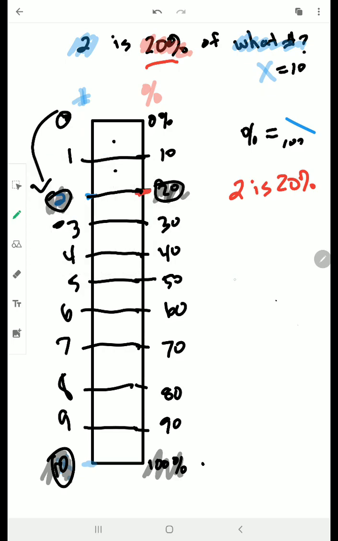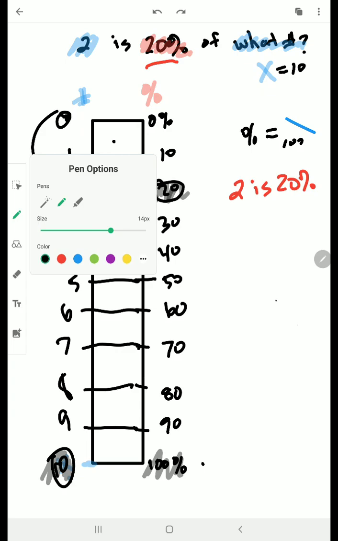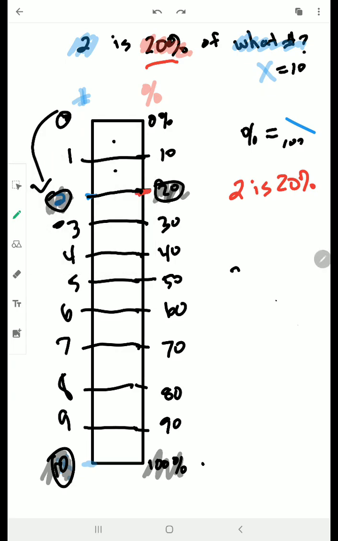Well, we say, 2 is 20%. Huh. Well, we also know that there's 100%, and what number is 100%?